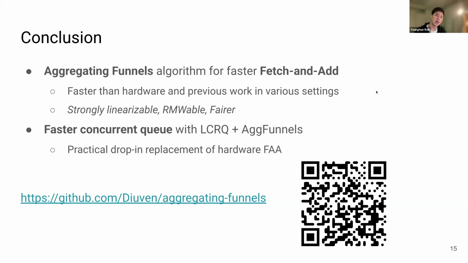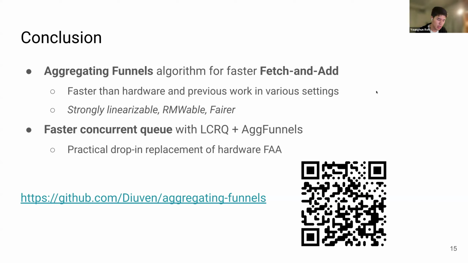To conclude, our project provides the new aggregating funnel algorithm for fetch and add, which is much faster than the hardware fetch and add. In the paper, we also prove that our algorithm is strongly linearizable and can be used in conjunction with other read-modify-write atomic operations. It is also much fairer, in the sense that most threads get an even number of operations done.